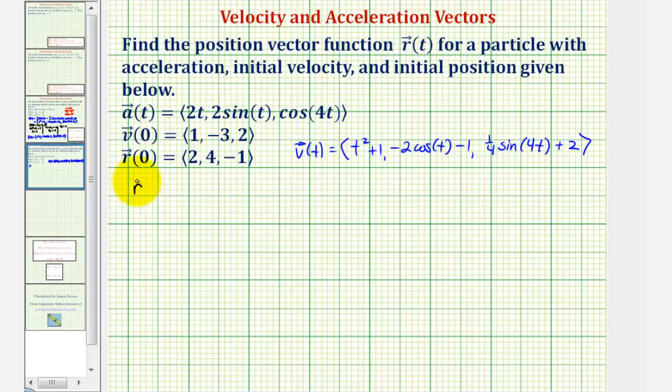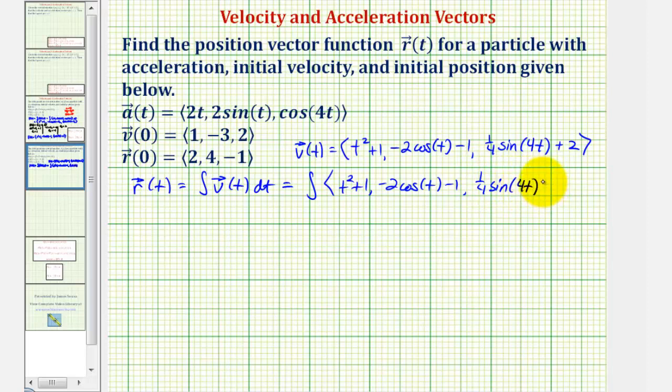So now r of t is equal to the integral of v of t, which we just found. So we'll have the integral of, again, the x component is t squared plus 1, the y component is negative 2 cosine t minus 1, and the z component is 1/4 sine 4t plus 2. And once again, we'll find the antiderivative of the x, y, and z components.